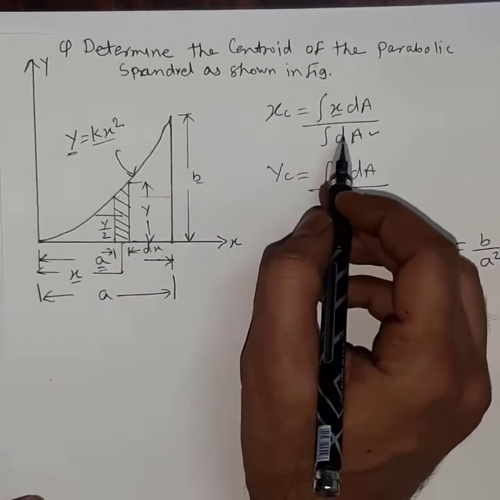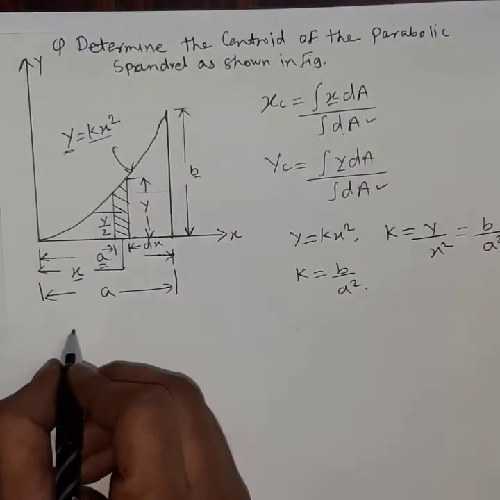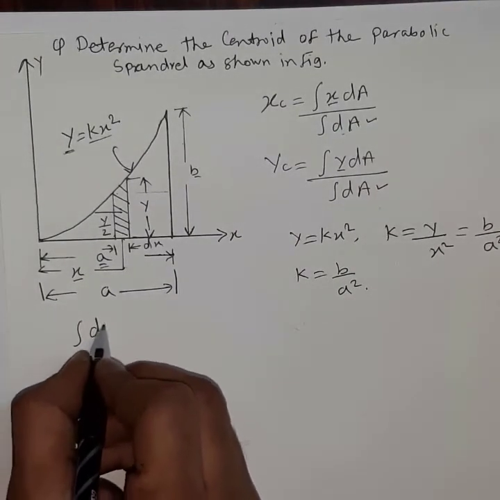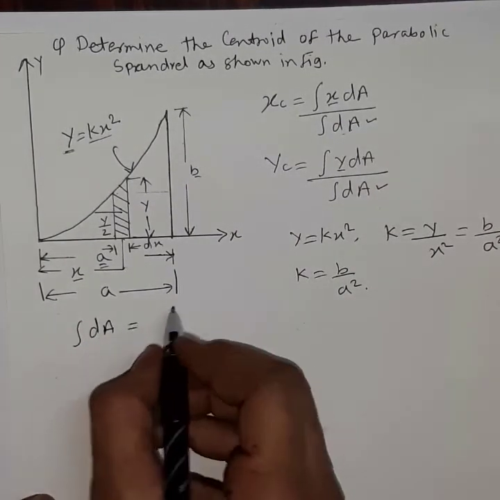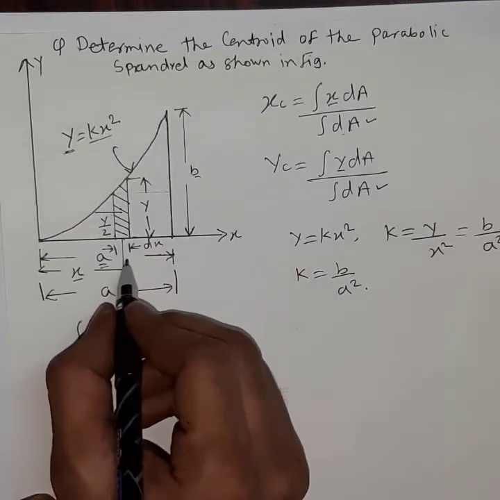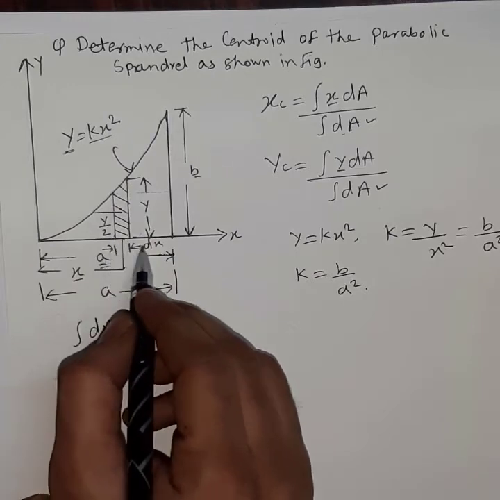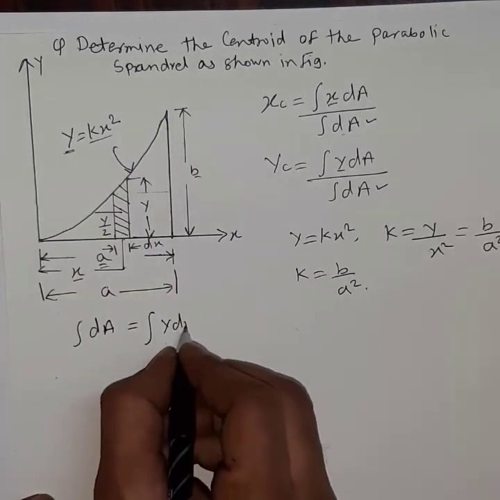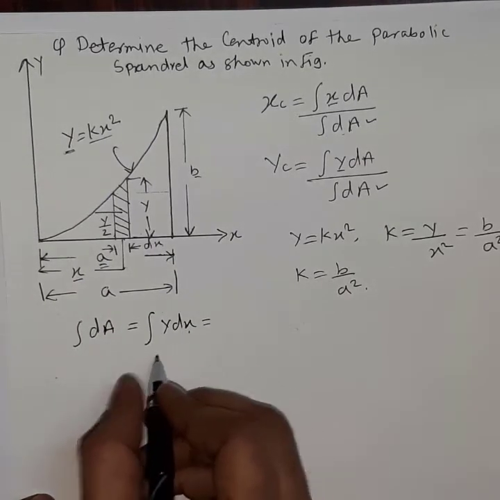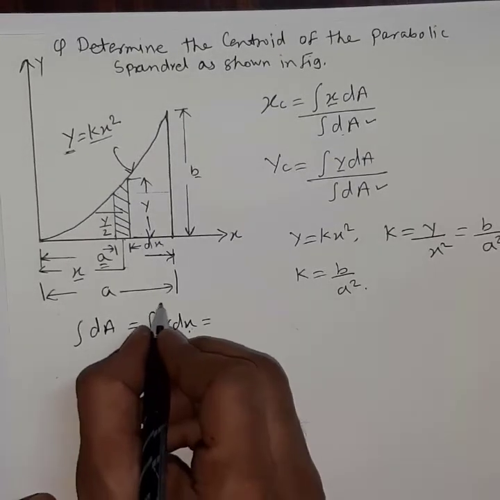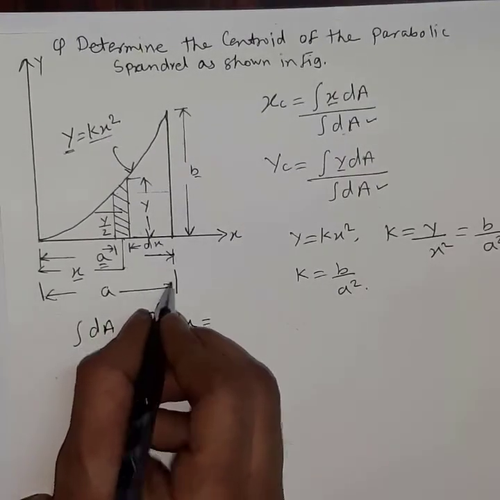To determine integration dA, it equals the integration of the area of the elementary strip, with length y and width dx, so y into dx. We are integrating with respect to x, so the limit will be 0 to a.